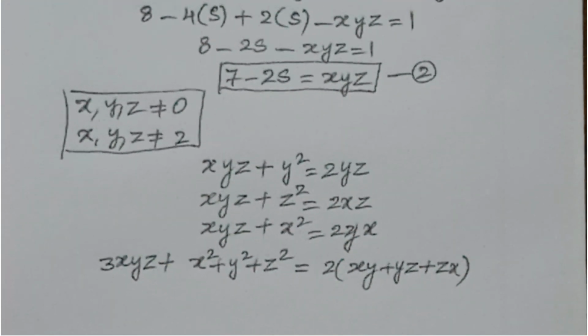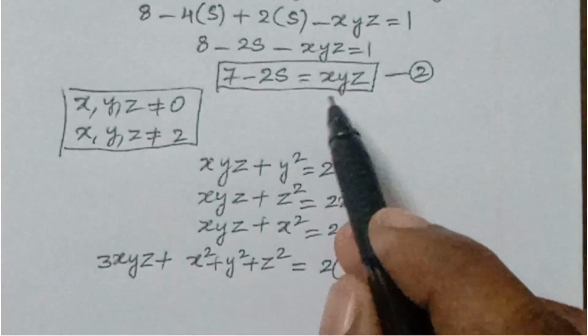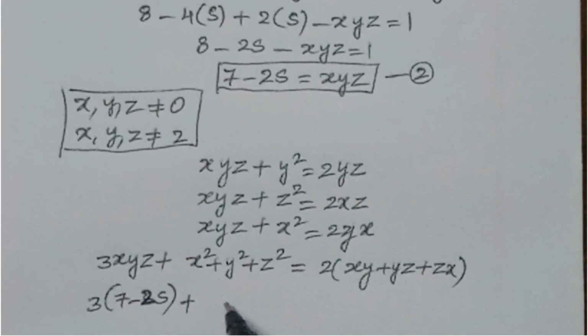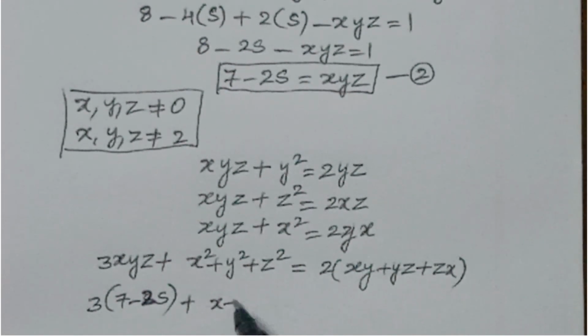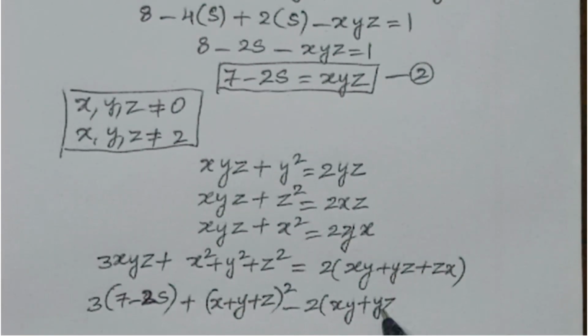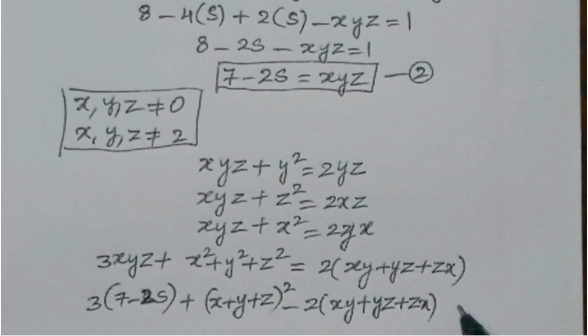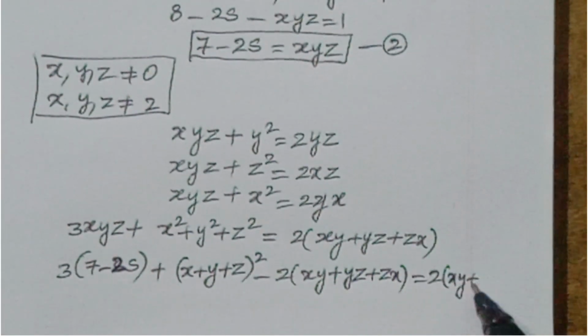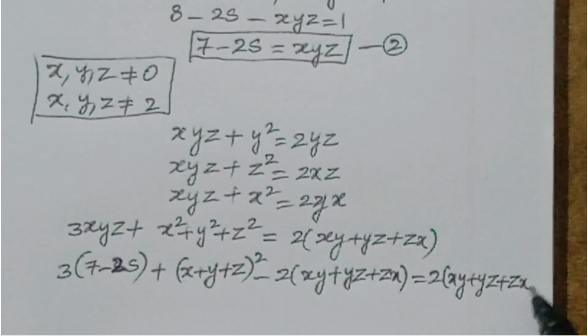So here you know the value of xyz. So 3 into 7 minus 2S plus x square plus y square plus z square, you can write it as x plus y plus z whole square minus 2 into xy plus yz plus zx, is equal to 2 into xy plus yz plus zx.